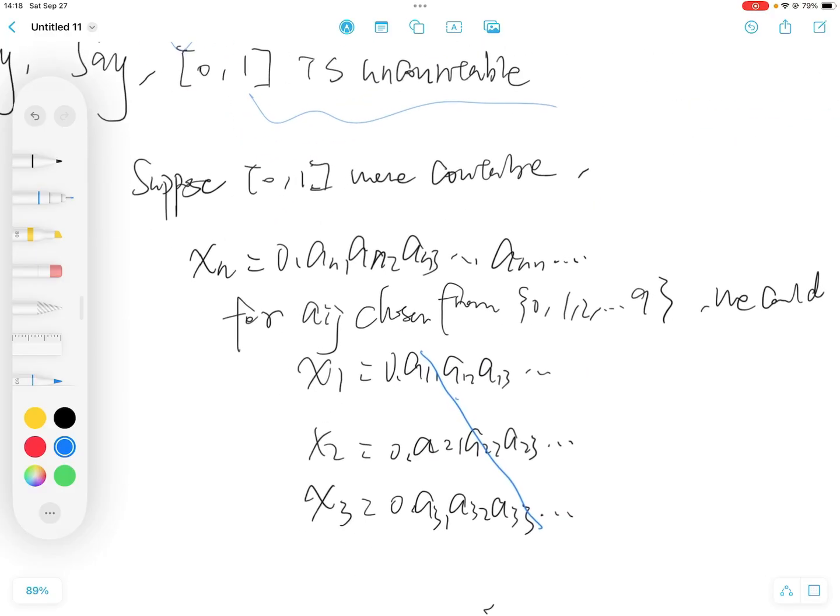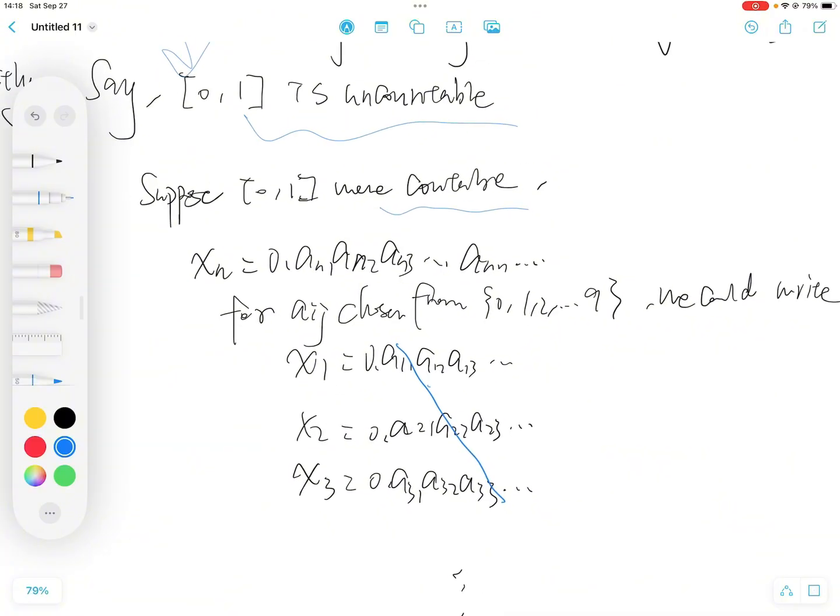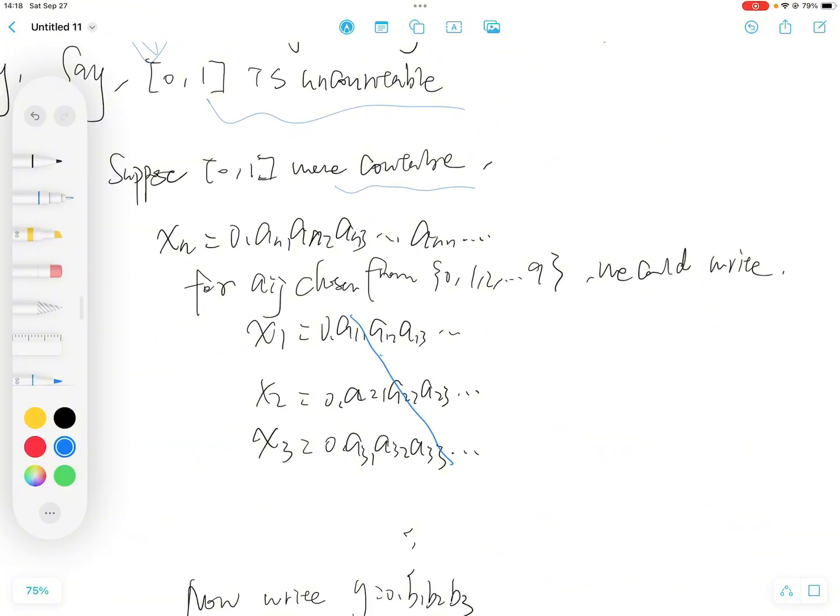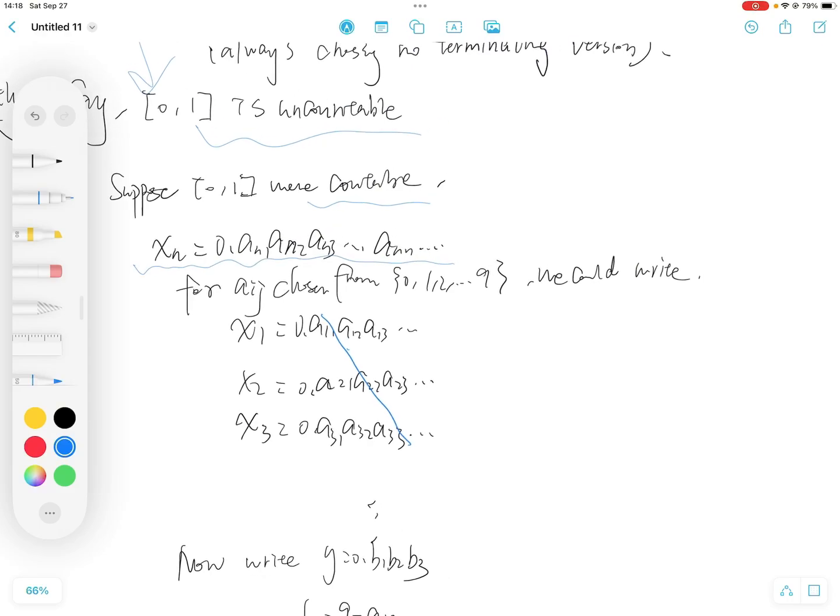Now, suppose this is countable. Then each xn could be expressed this way, and I will list all of them since it's countable.